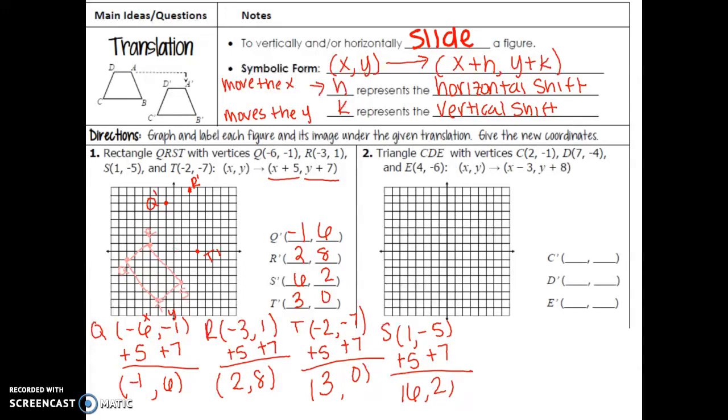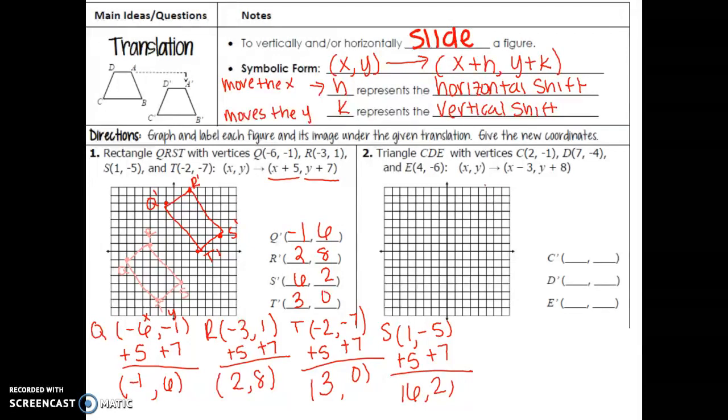Let's go 6. So 1, 2, 3, 4, 5, 6, and then +2. That is my S prime. Connect my points, and there we go. We have slid our pre-image, and this is now our new image.